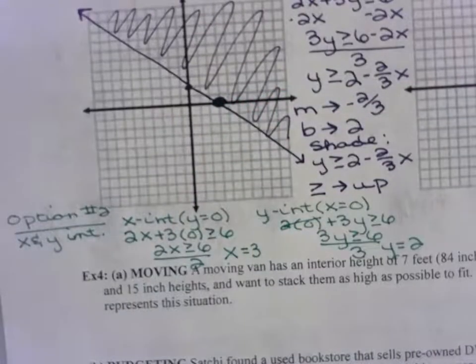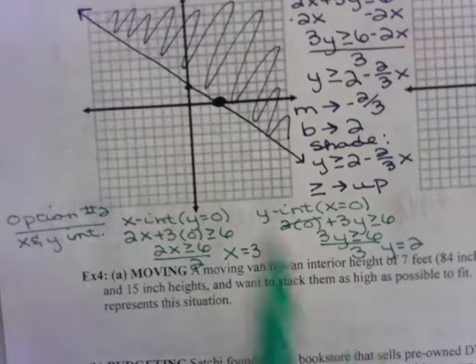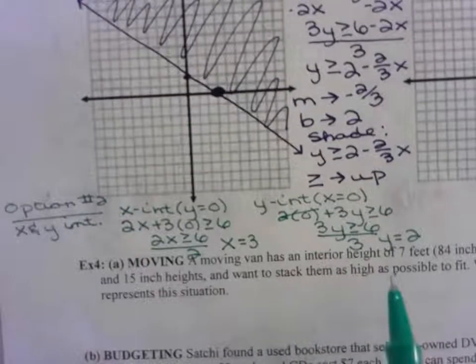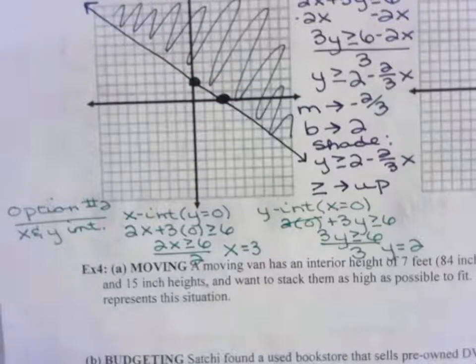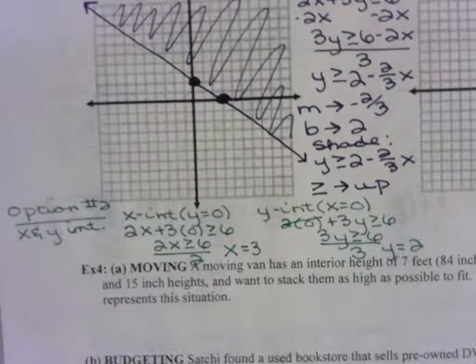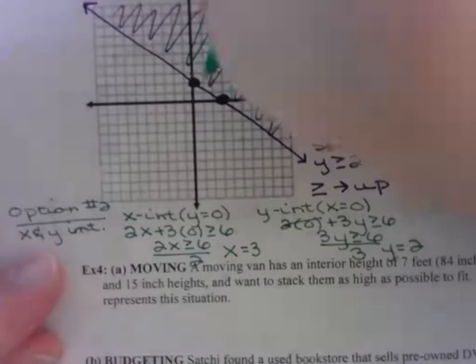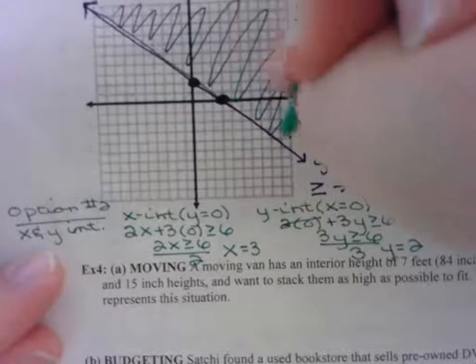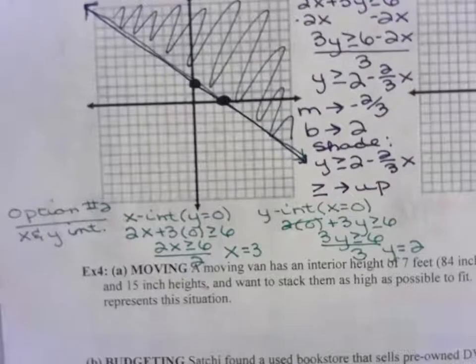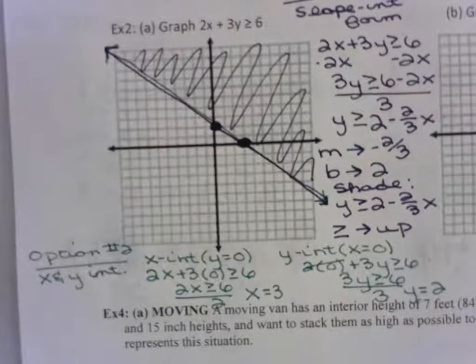It's the same line, so you should be getting the same answer. It crosses at 3. My y-intercept is 2, so I go on the y-axis at 2, and I put a point. I connect the points. It's this full line, because it's greater than or equal to. So it's the same line, it's just 2 different ways to do it.